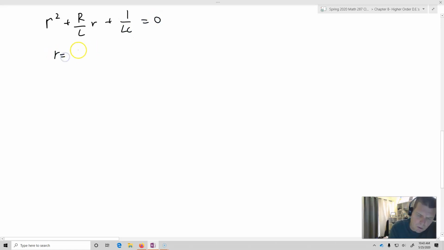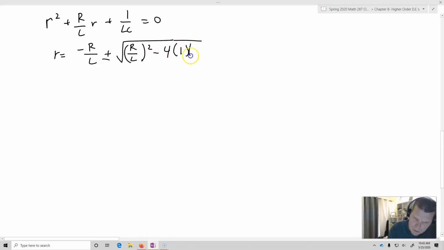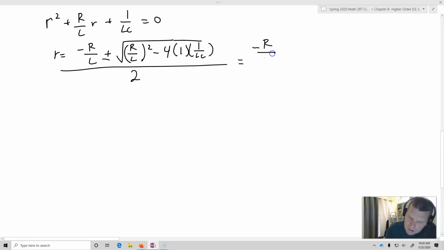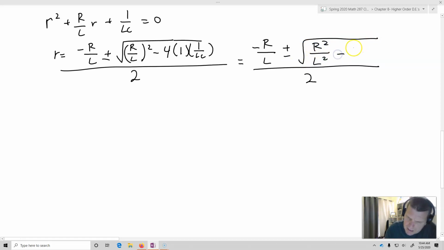So r is going to equal negative R over L, plus or minus the square root of R over L squared minus 4 times 1 over LC, all divided by 2, because 2 times 1, right? This is then going to give me negative R over L, divided by 2, and then we have plus or minus the square root of R squared over L squared minus 4 over LC.